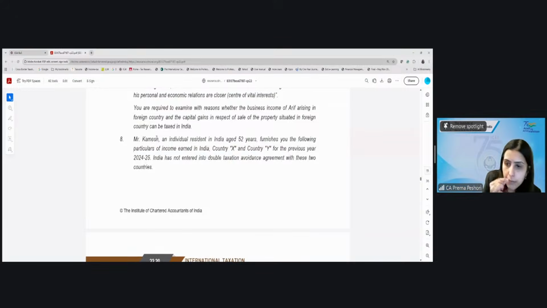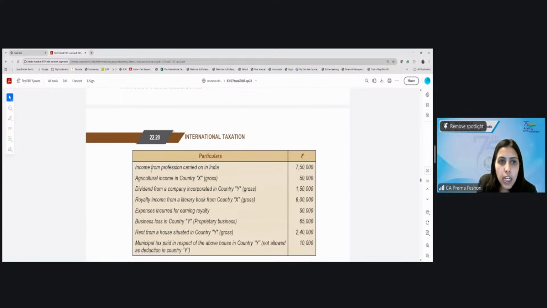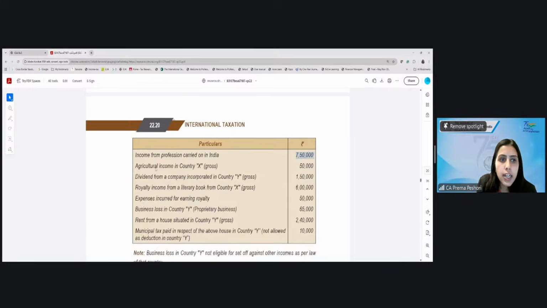Mr. Kamlesh, an individual resident aged 52 years, furnishes the following particulars of income earned in country X and country Y for the previous year. India has not entered into DTAA with these two countries. Income from profession carried out in India, 7,50,000. This is taxable normally, right? This is from the profession in India.